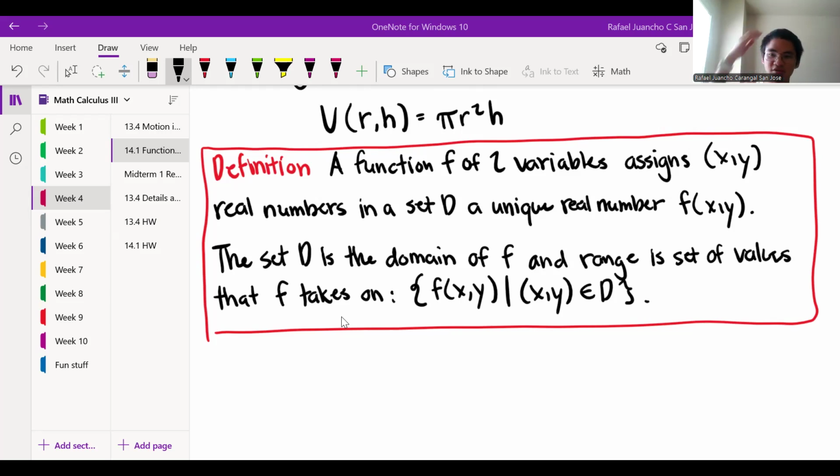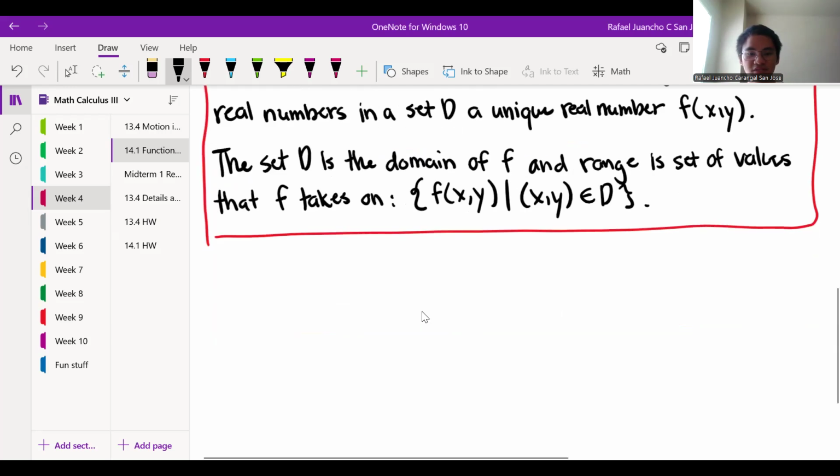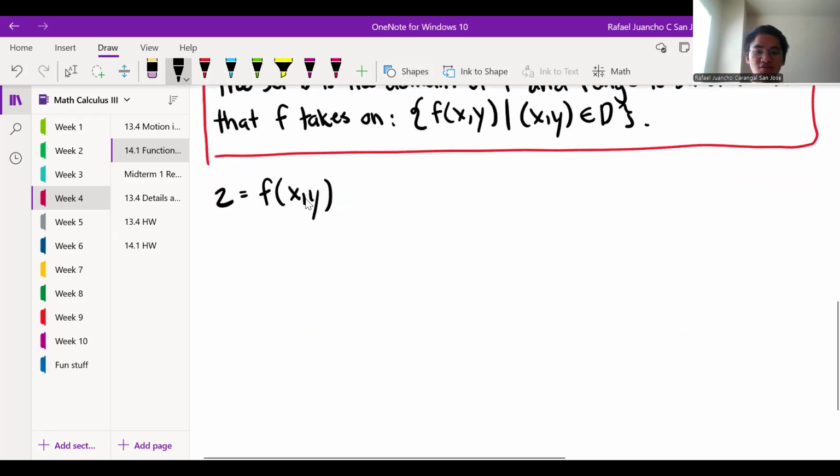Okay, so I just read the whole thing, but let me try to explain it in my own words. Here we have this notation that z is f of x, y. I plug in x and y to some function, I get a z, right? What else can we say?